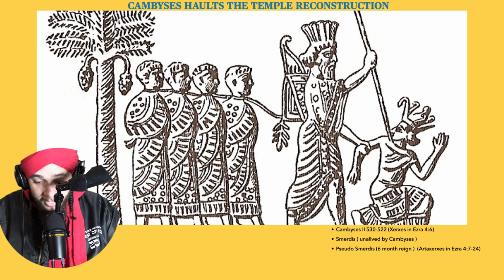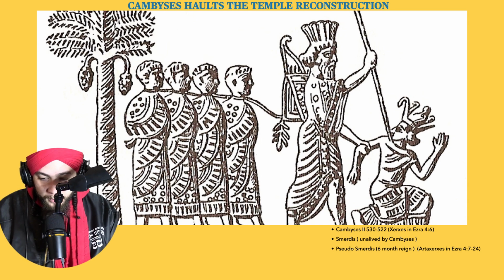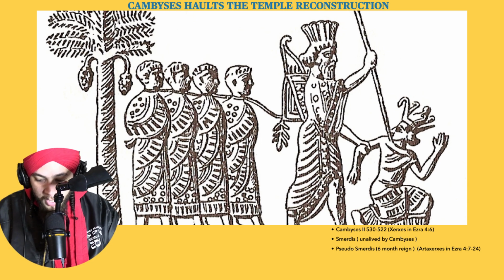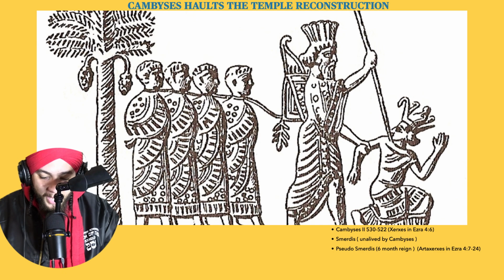Cambyses the second, the son of Cyrus the Great, while Cyrus was doing different campaigns in other areas, was given power over that realm, and he halted the reconstruction of the temple. Cambyses the second, as you see in my bullet points at the bottom right, is the Xerxes in Ezra 4 and 6, not to be confused with Xerxes the Great, right? So when you read Ezra 4 and 6 Xerxes, that's Cambyses the second.